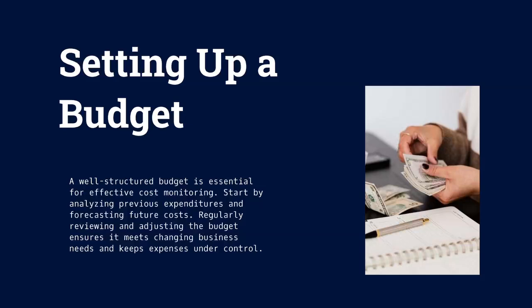So start analyzing previous expenditures by forecasting future costs, right? Regularly reviewing and adjusting the budget ensures it meets changing business needs and keeps expenses under control, right? So if you make a budget, you will have two great advantages.